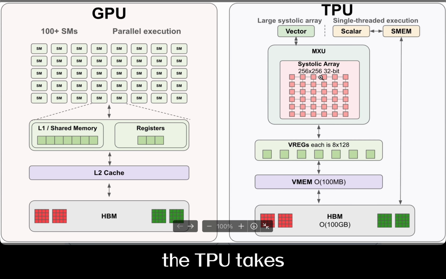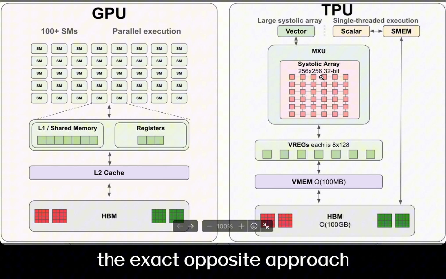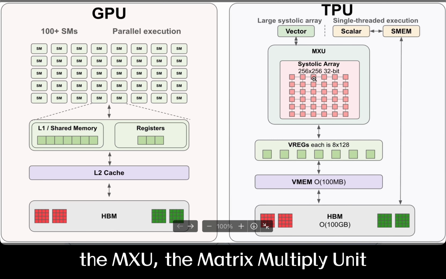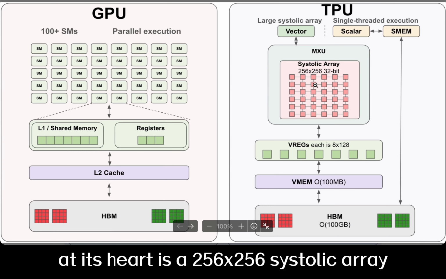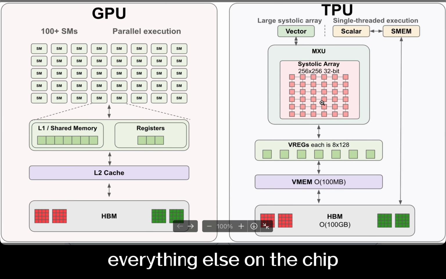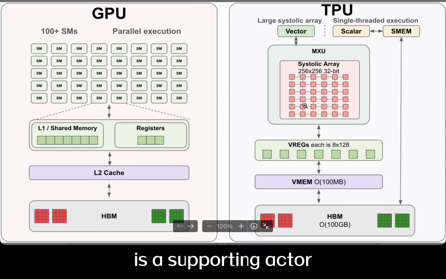The TPU takes the exact opposite approach. The whole chip is built around one giant machine, the MXU, the matrix multiply unit. At its heart is a 256 by 256 systolic array that can do over 60,000 multiply accumulates per clock cycle. Everything else on the chip is a supporting actor.